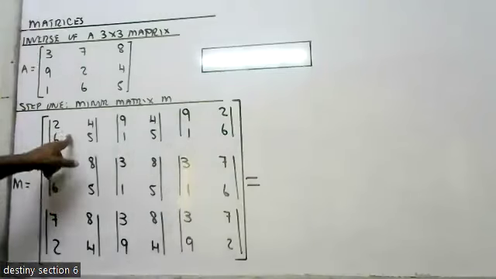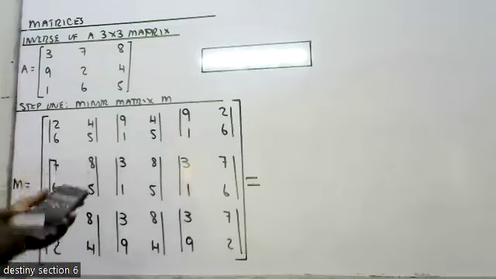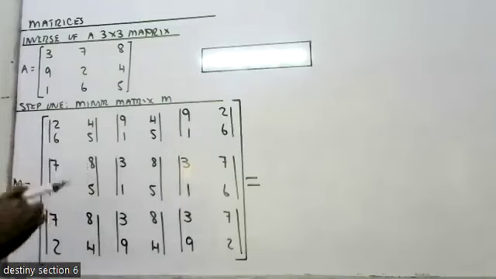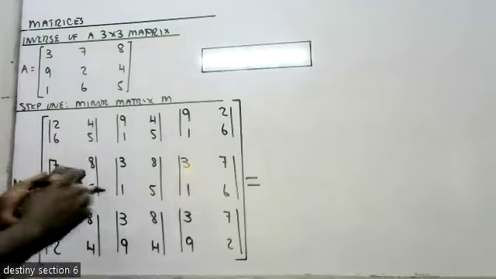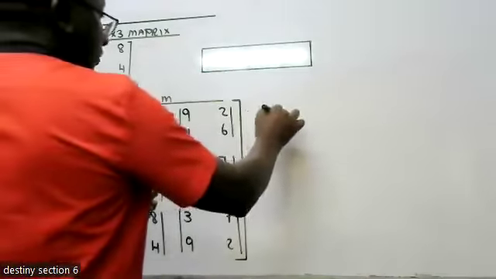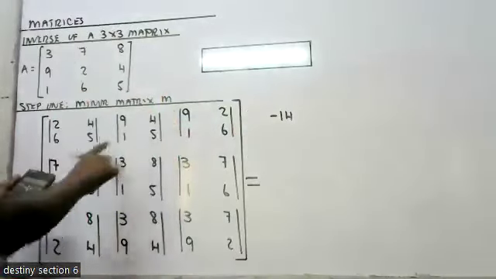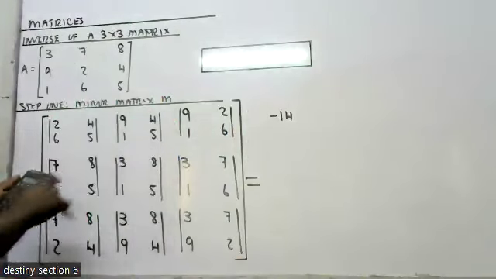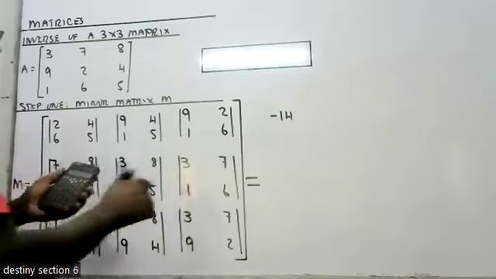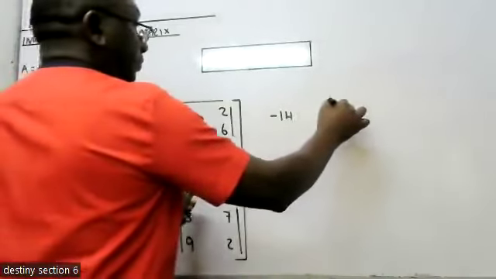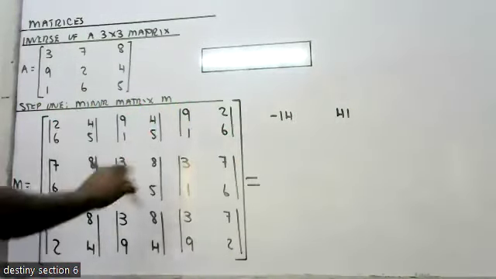So I take the calculator and we start going. I will say 2 times 5 minus 6 times 4. I'm getting negative 14. Then 9 times 5 minus 1 times 4. Getting 41. So be confirming so that if I get it wrong, you'll tell me.